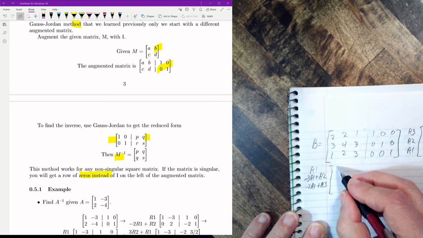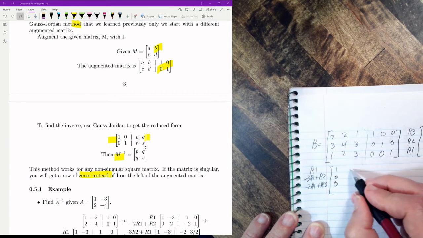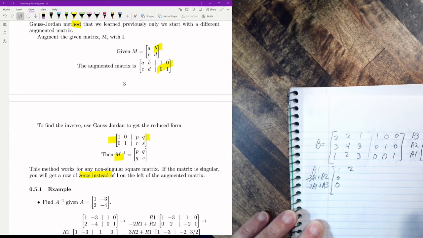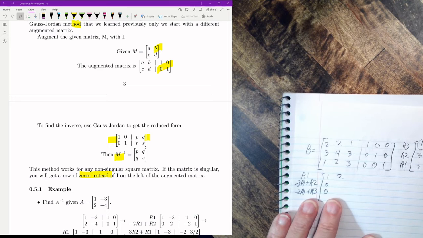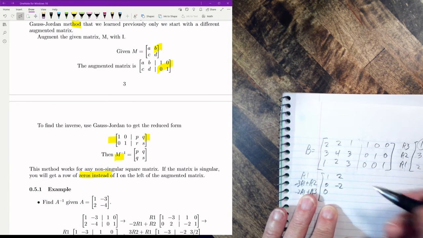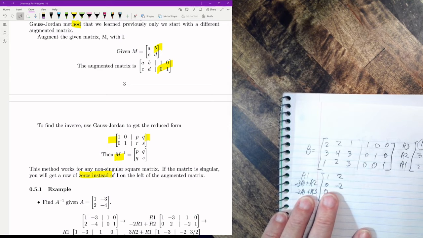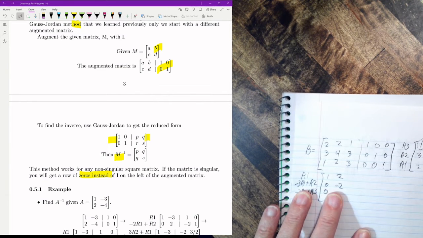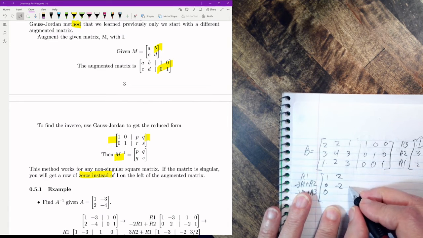So that gives us 1, 0, 0, 2. Now, minus 3 row 1 is minus 6, plus 4 is minus 2, minus 9 plus 3 is minus 6.